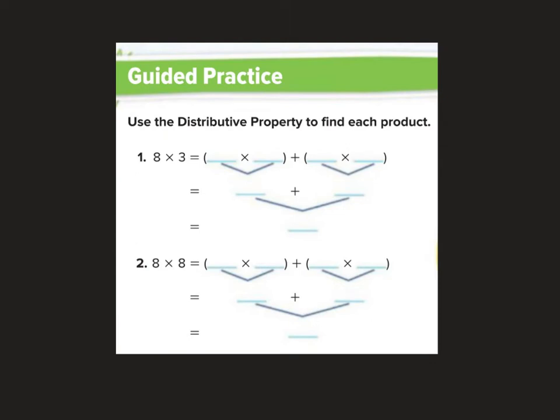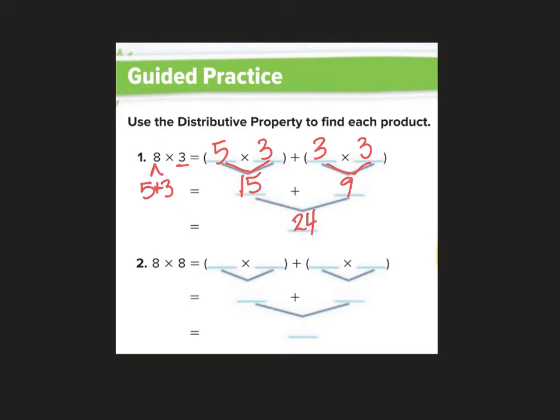Here's our guided practice. So we have 8 and 3. We've got a couple options. What do we want to break apart, 3 or 8? I don't know. We could break 8 into 5 plus 3, and then keep 3 the same, right? Because 5 and 3 makes 15. 3 and 3 makes 9. 15 and 9 is going to give us 24.